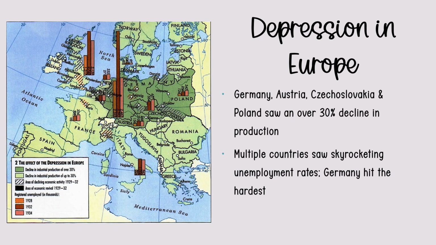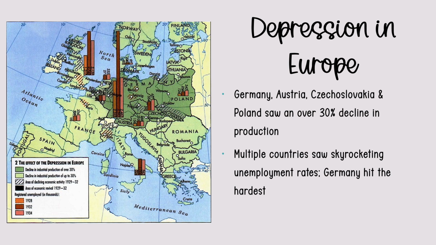Looking at this map, we can get a sense of the Depression in Europe. Among other things, Germany, Austria, and Czechoslovakia were the hardest hit, with an over 30% decline in industrial production. Countries colored in light green saw an up to 30% decline in production. This meant decreased income for the country, as well as increased joblessness for its citizens.